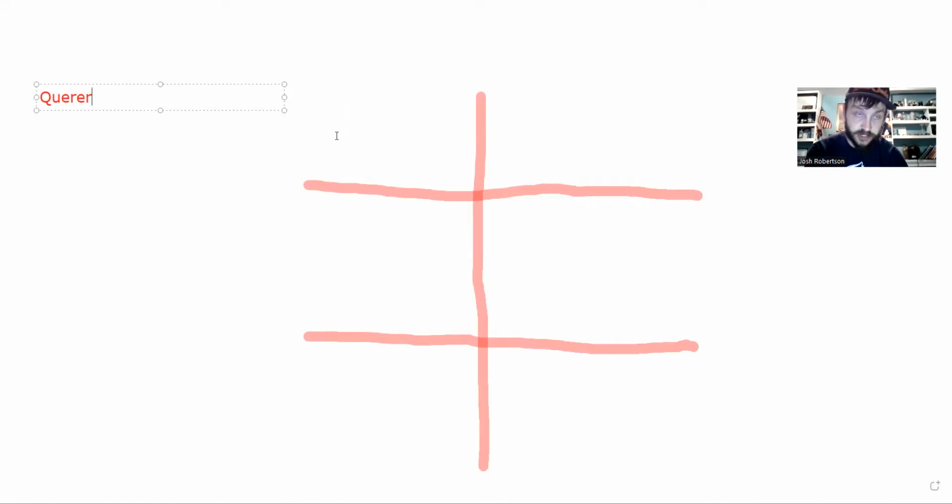First, I want to start with the indicative present. Yo quiero. Tú quieres. Él, ella y usted quiere. Nosotros y nosotras queremos. Vosotros y vosotras queréis.